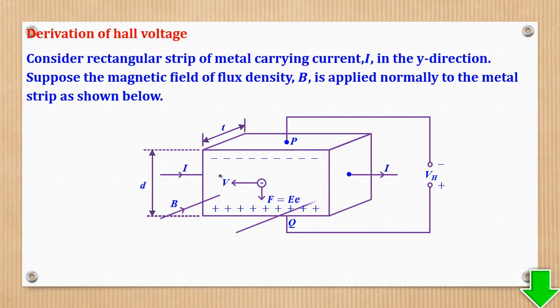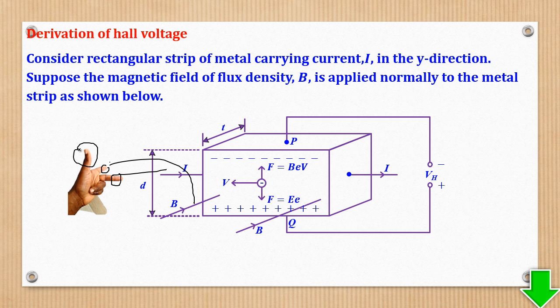Now let us also introduce the magnetic field, which is this. When introducing that magnetic field, there will be a magnetic force, which is got by Fleming's left hand rule, where the second finger shows the direction of the current, the first finger shows the direction of the field, and the thumb is pointing upward, meaning that the magnetic force is upward.